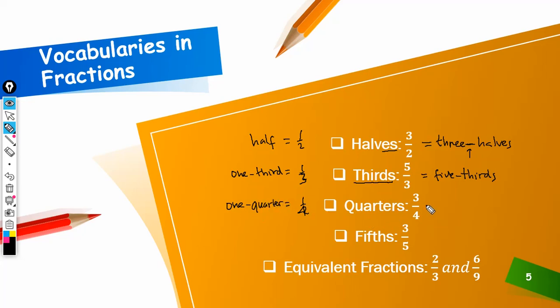If there are more than 1, for example 3/4, you say 3 quarters. The next one is a fifth. If only 1/5, you say a fifth. If there are more than 1, for example 3/5, you say 3 fifths.